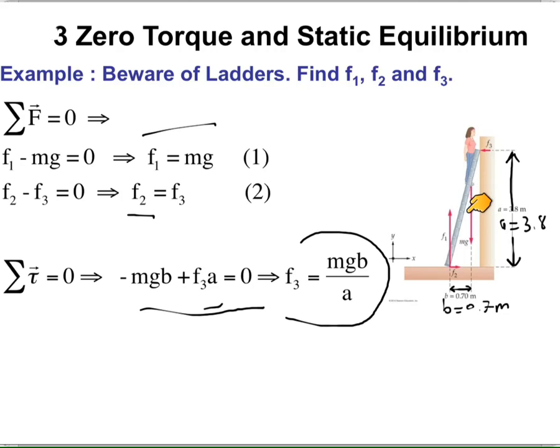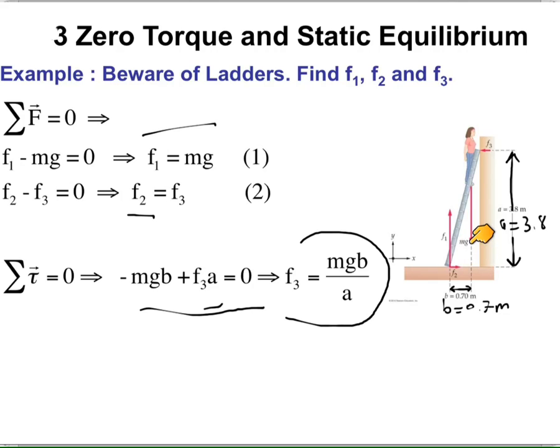Or you will prolong this mg direction, and you will take the perpendicular distance to this direction from the elongation of mg, and this distance is already given in the problem. Okay, so that's it.